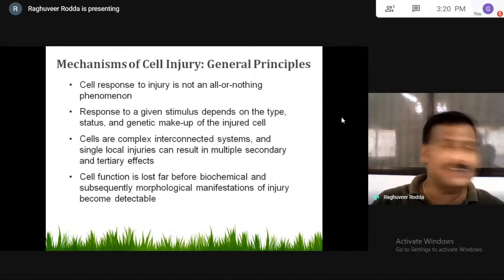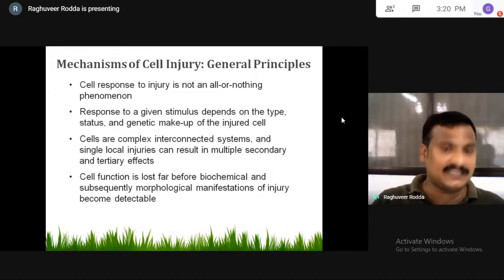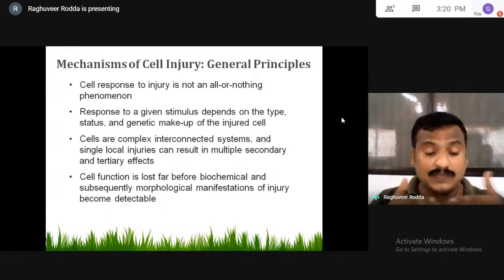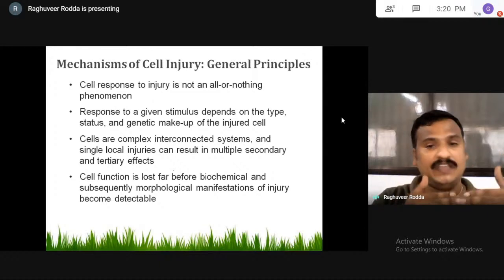will the injury be restricted to that particular cell? It is always not. When one cell of a tissue is injured, because they have complex interconnected mechanisms, the cells of one particular system have many connections between them.